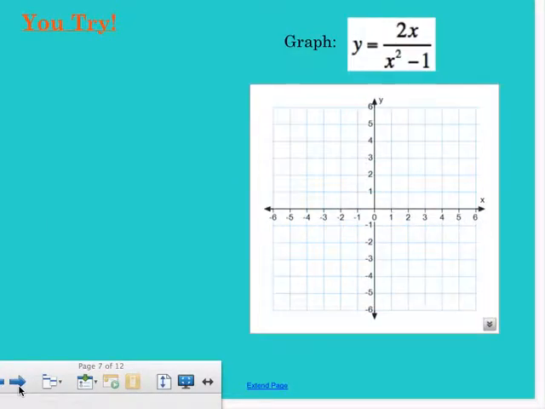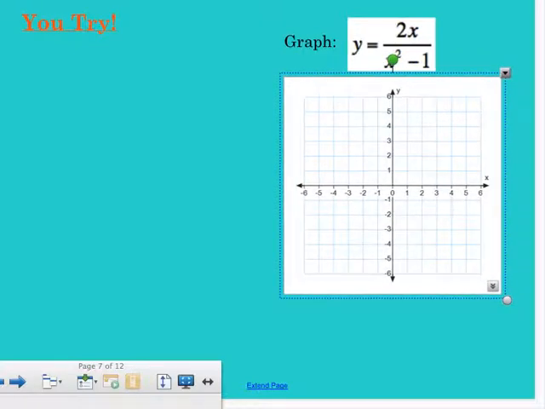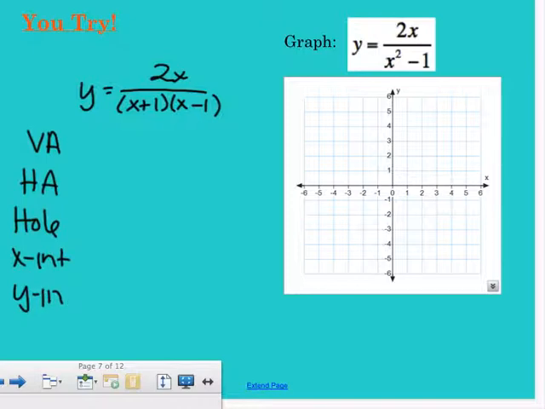Alright, this is your last one. So I want you to pause the video and try this one on your own, and then when you think you've gotten it, check your answer. So what you're going to do first is factor. So 2x over (x + 1)(x - 1). List your characteristics. You're going to have a vertical asymptote at 1 and -1.